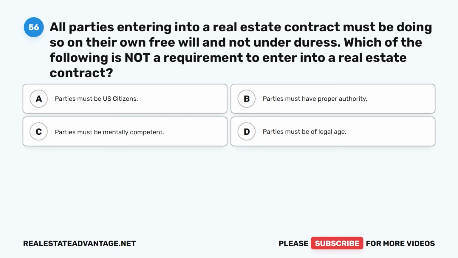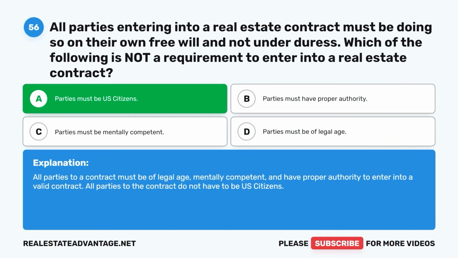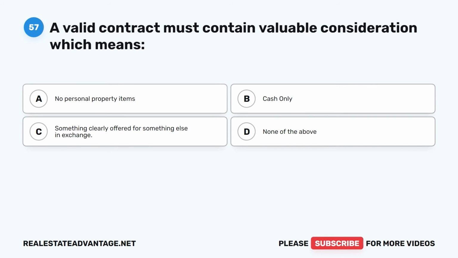D. Parties must be of legal age. The correct answer is A. Parties must be U.S. citizens. All parties to a contract must be of legal age, mentally competent, and have proper authority to enter into a valid contract. All parties to the contract do not have to be U.S. citizens.